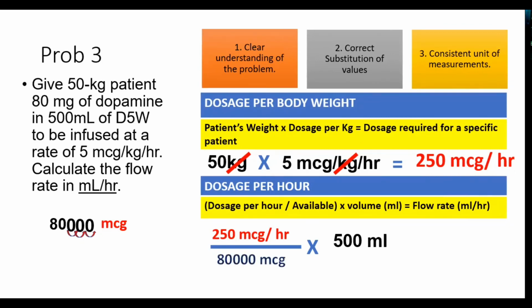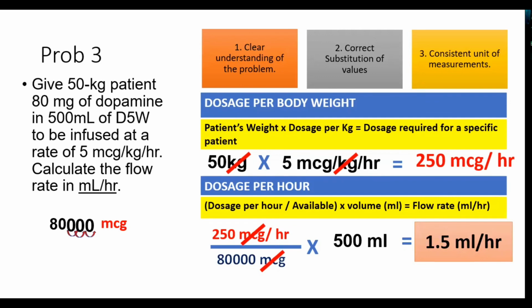Substituting the new value in microgram in the denominator, which is the available or the stock dose, we have 80,000 microgram. Having observed that all the units are now consistent, we can now proceed with the drug calculation. And the answer for this is canceling microgram and microgram.